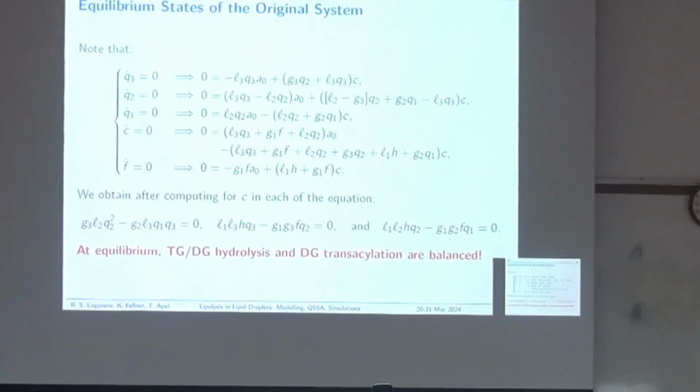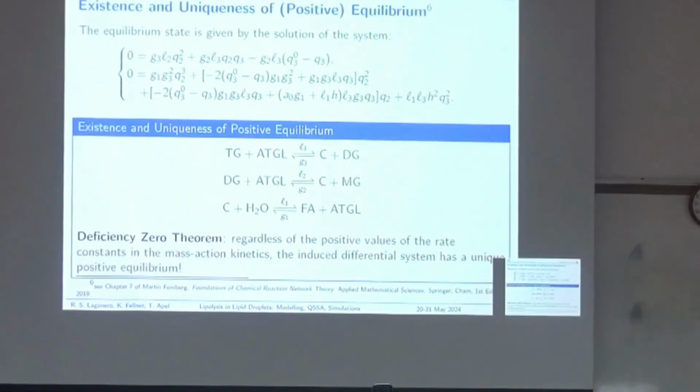Okay, for the last 2 minutes, just a comment on the equilibrium states. You can compute equilibrium states of the original system. This will lead you to a lot of nonlinear equations, and at the end of the day, you cannot explicitly compute these equilibrium points, but you are sure that the positive equilibrium points will always exist.